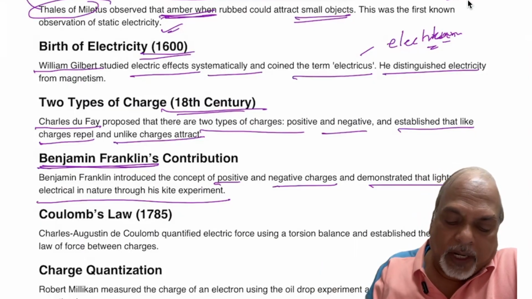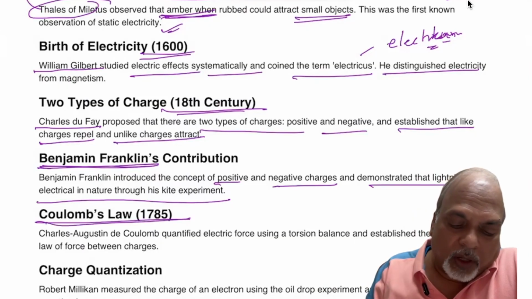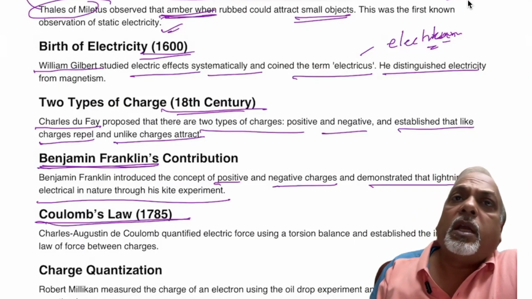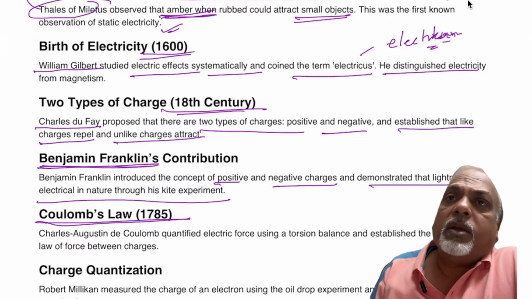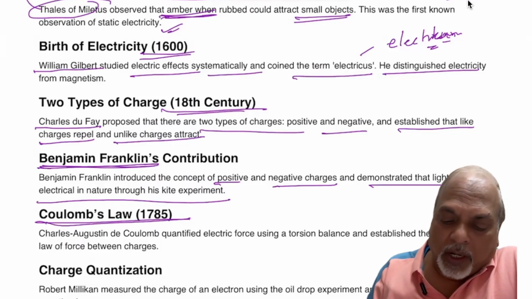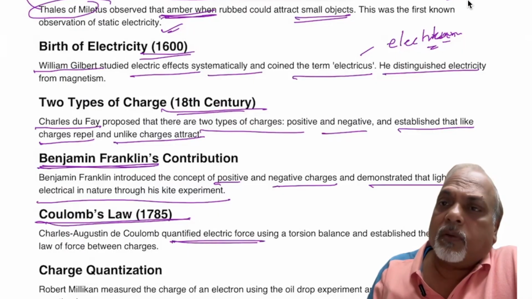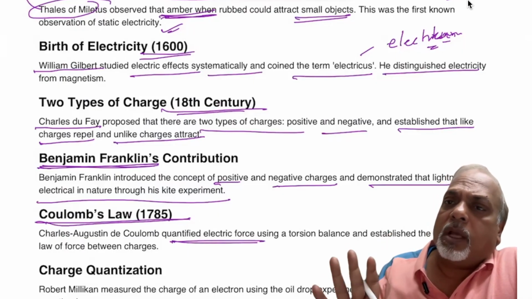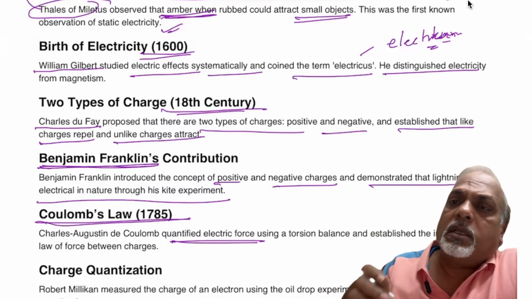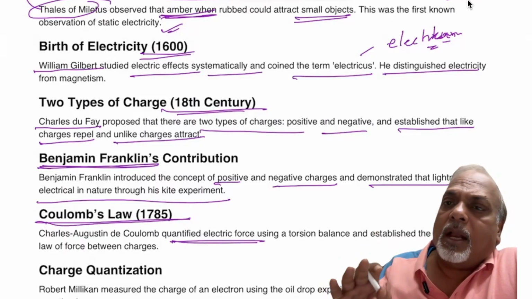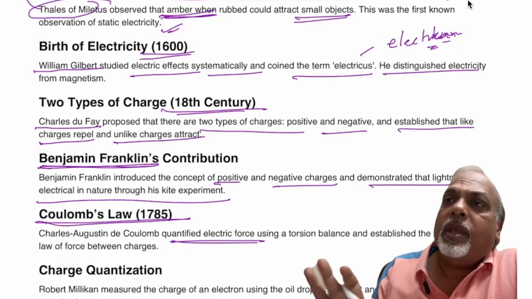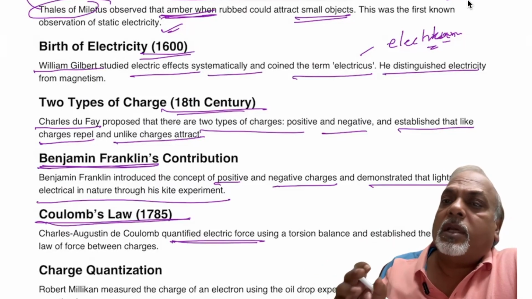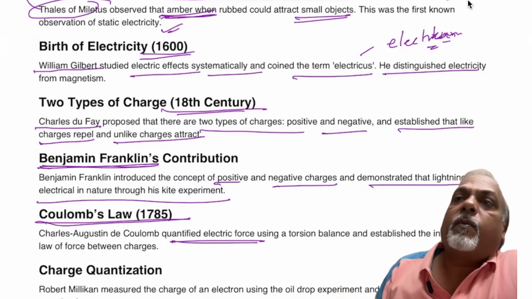Then in 1785, the most important formula, that is Coulomb's law, was given by Charles Augustin de Coulomb. He quantified the electric force. There were two charges. It was established that like charges repel each other and unlike charges attract each other. Means repulsion and attraction, there are two kinds of forces.